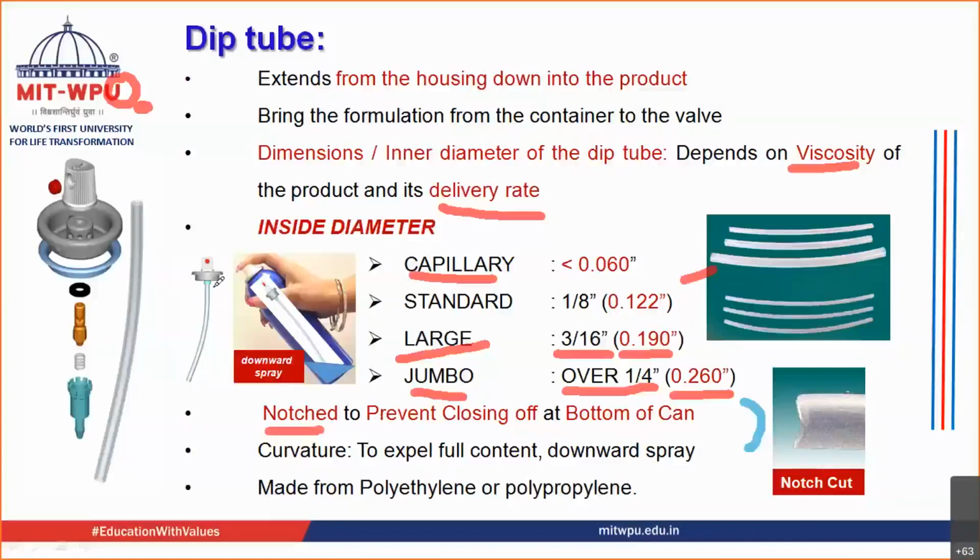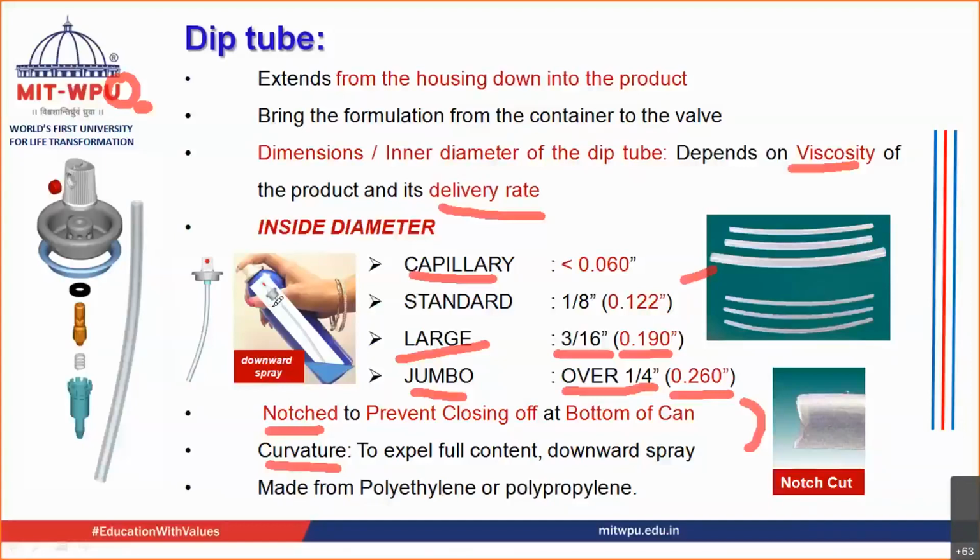This dip tube, you can see, also has a curvature. This curvature helps you to expel the full content of your container, of your product concentrate. More so when it is a downward kind of spray, where you tilt the container and then apply it on surfaces, or topically on the skin.